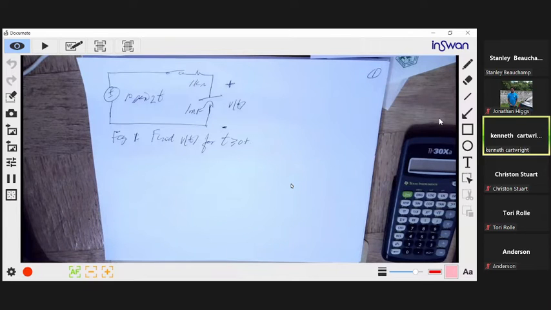So if you can't do it by the equation I gave you, because that equation I gave you is for a DC supply, how else can you do it?